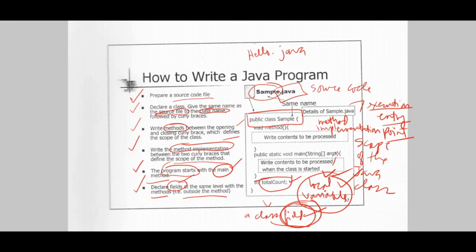This one is outside the method, therefore we call it a field. While if it is declared inside, with int total count here, then this total count is a local variable of the main method.